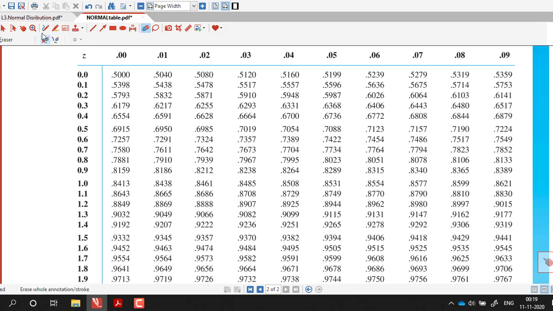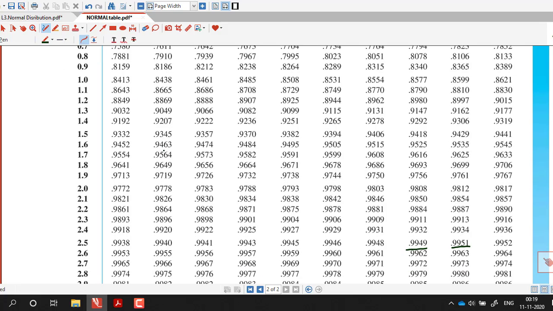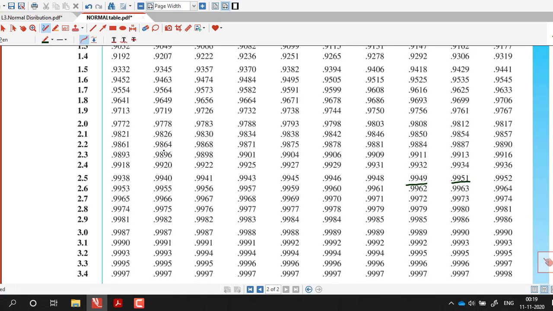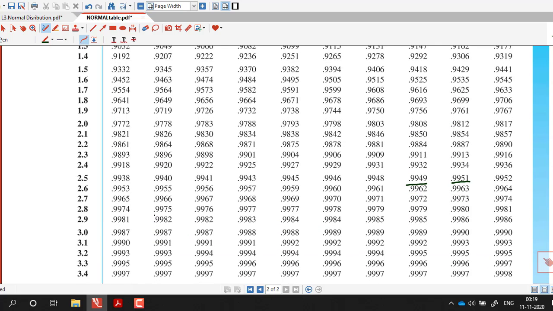So here we can see this is 0.9918 and 0.9901. These are the values which are near to 0.99.